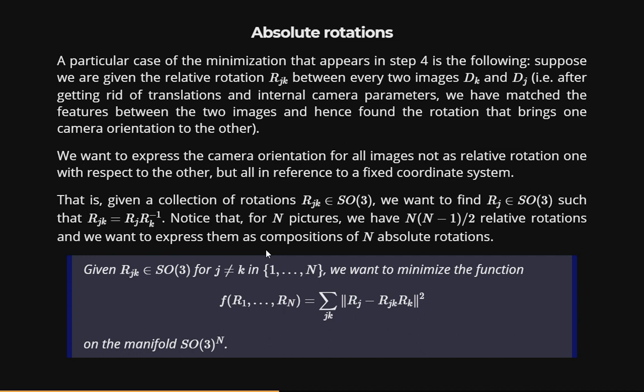Now, this is an optimization problem on a manifold. With a small leap of faith, you can easily imagine that if you have two submanifolds of Euclidean space, you can take the product of them. It will live in the product of the Euclidean spaces, and it will be again a manifold.